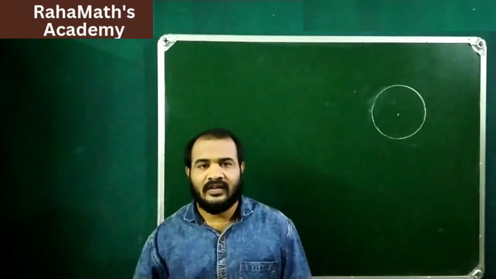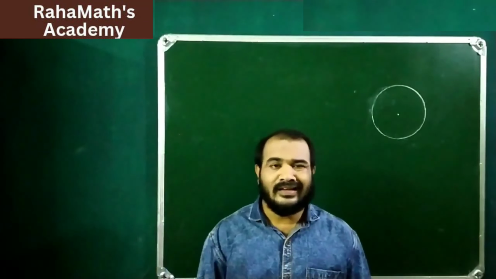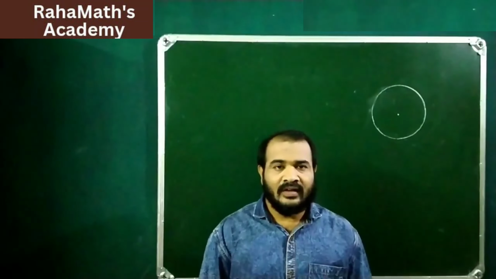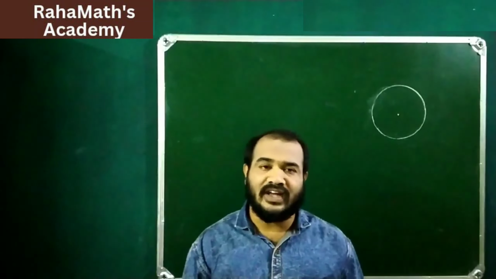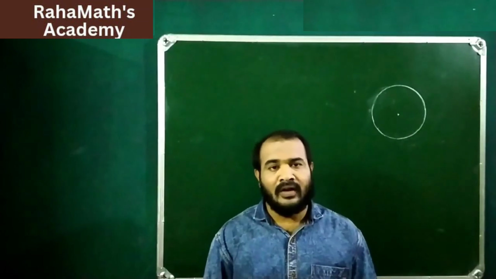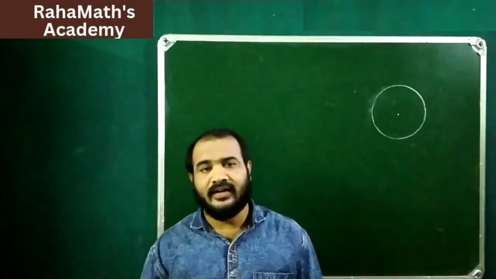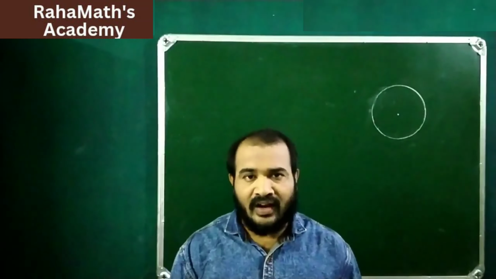So far we have discussed the position of a line with respect to a circle in a plane, the condition that the line is a tangent to the circle, the slope form of the tangent to the circle, and the equation of the tangent and normal at both the Cartesian point P(x1, y1) and the parametric point theta to the circle.